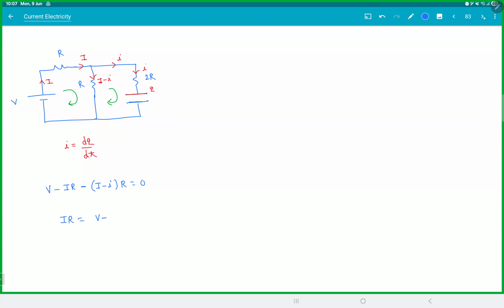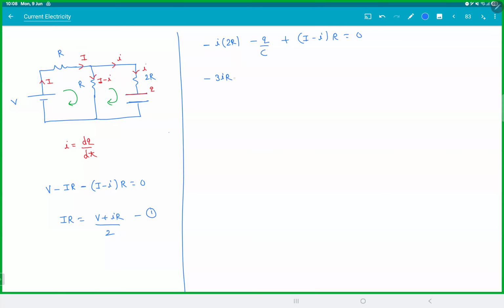So i into R will be V plus IR by 2. That's your equation 1. Minus i into 2R minus Q by C plus (I minus i) into R is 0.